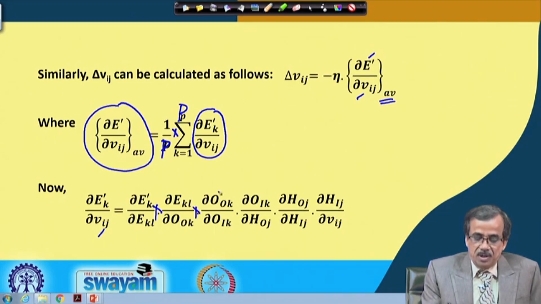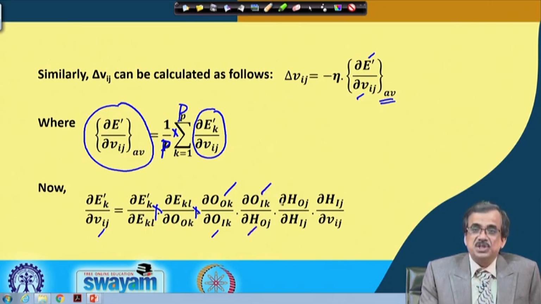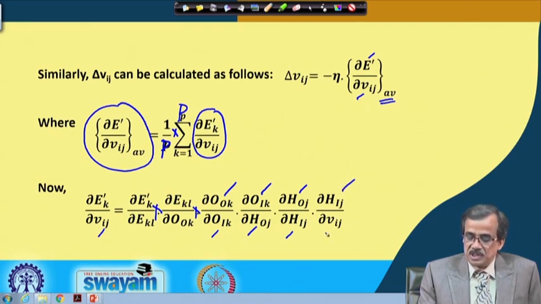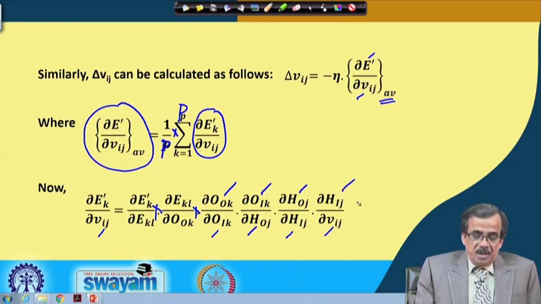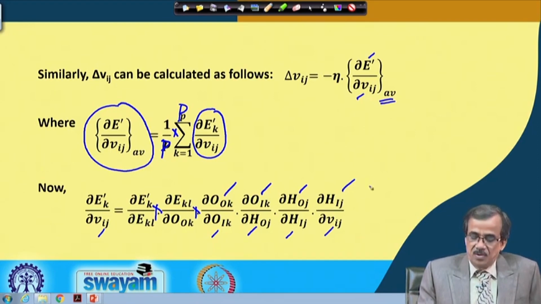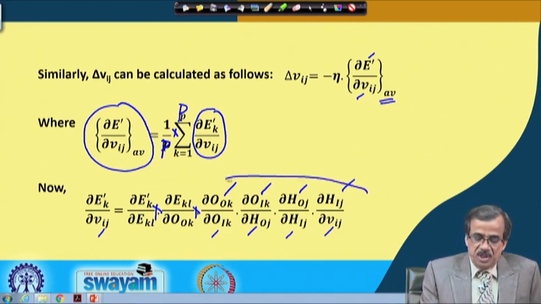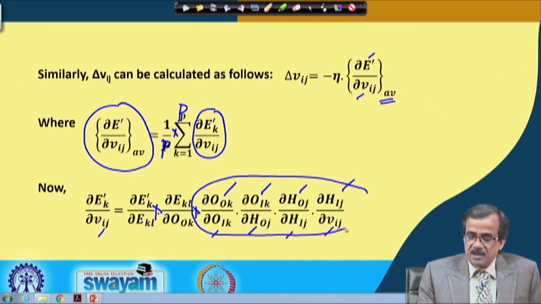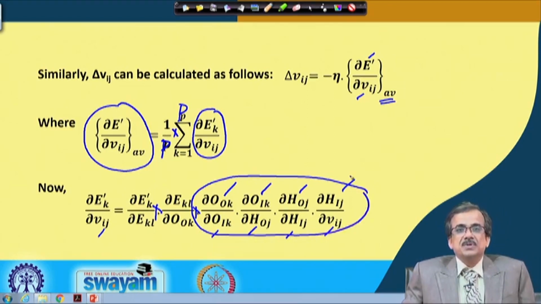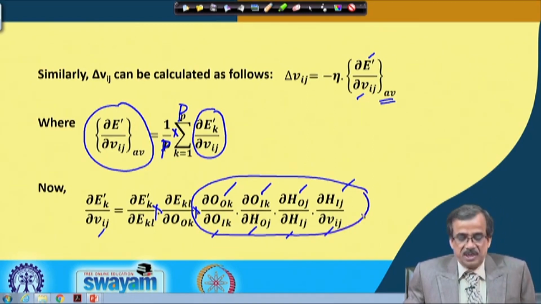Then comes the partial derivative of O_Ok with respect to O_Ik, the partial derivative of O_Ik with respect to H_Oj, the partial derivative of H_Oj with respect to H_Ij, and the partial derivative of H_Ij with respect to V_ij. Now, we have already discussed how to find these derivatives, and I can also find the numerical values corresponding to each of the partial derivatives.